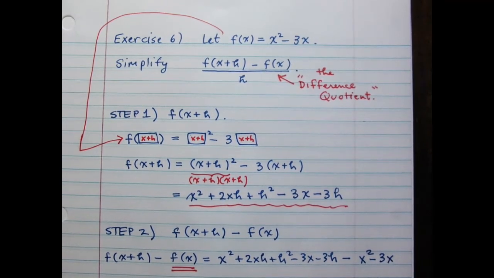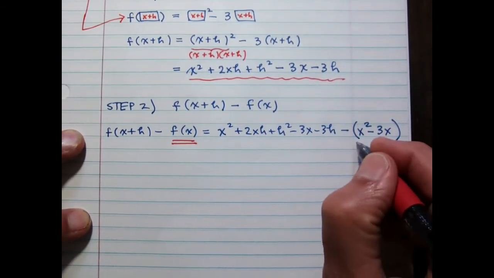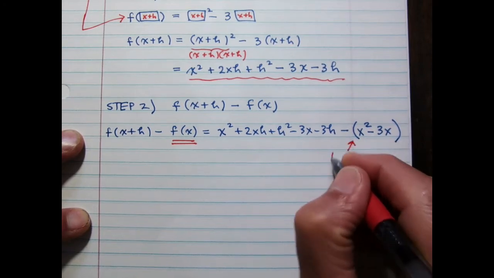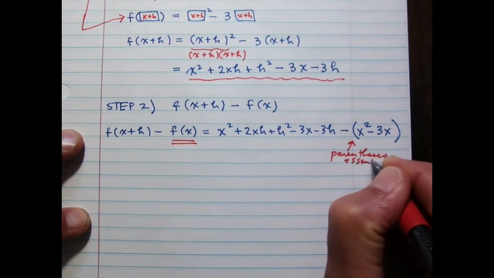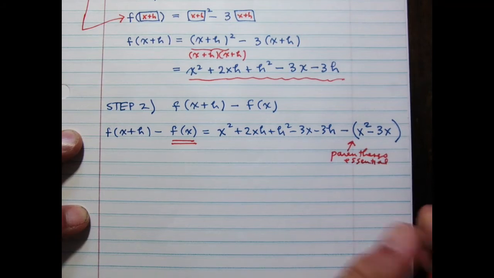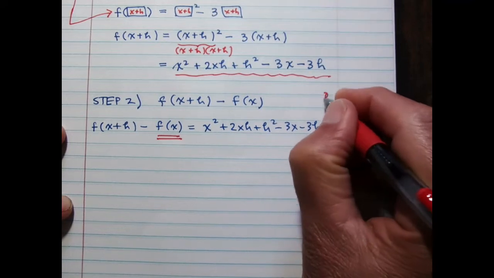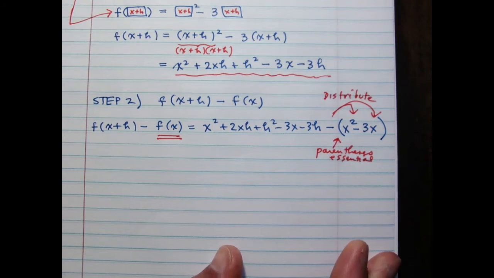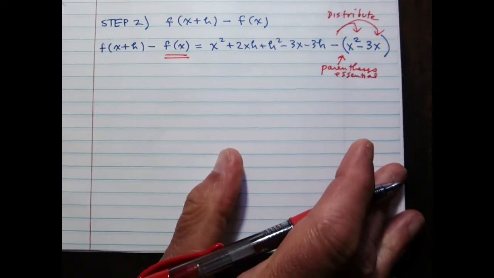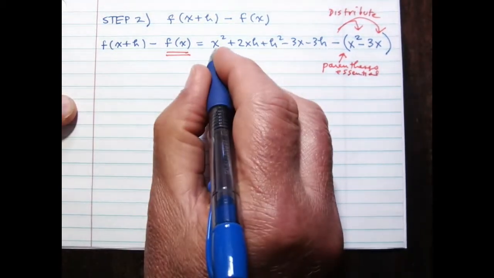But the crucial thing here is to put in the parentheses. So let's just note that the parentheses are essential. Why? Because to do this, we're going to have to distribute the minus sign. So let's go ahead and do that. And so what do I got?